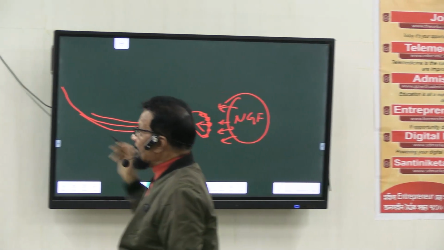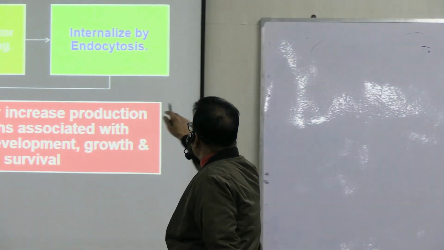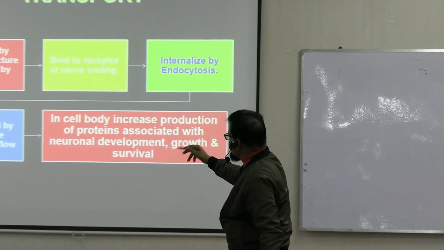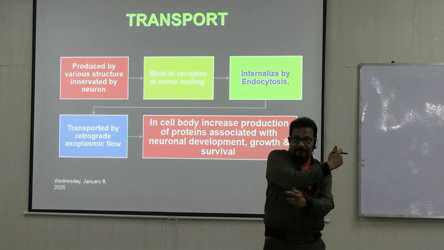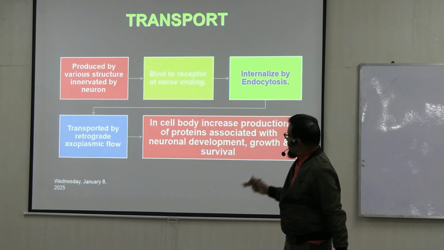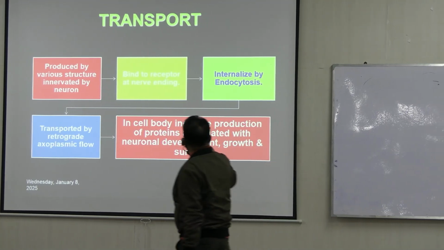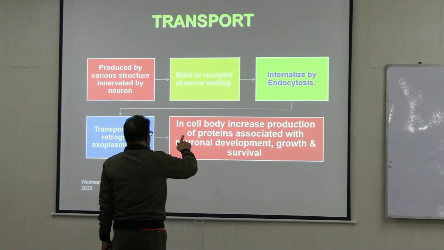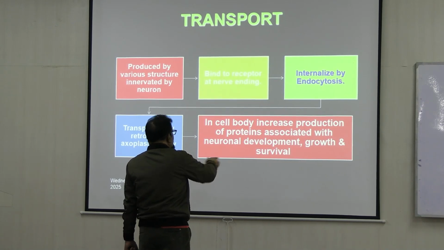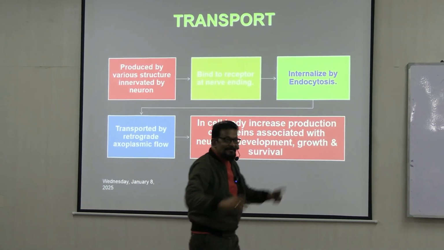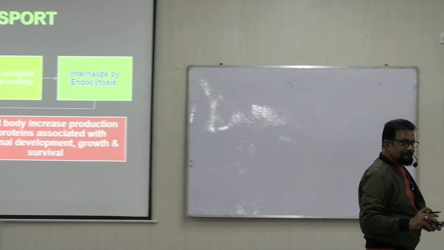So they bind to the receptor at nerve endings, are internalized by endocytosis, and transported by retrograde axoplasmic flow, the reverse flow of axoplasm. They come to the cell body, and the cell body increases production of proteins associated with neuronal development, growth and survival. This is the mechanism: how they are transported, how they act.